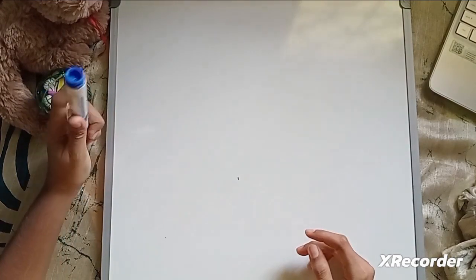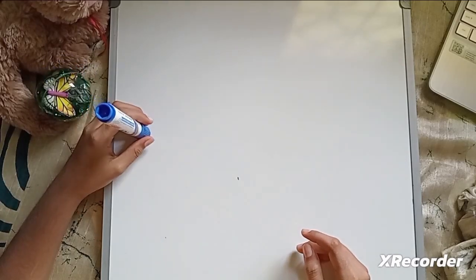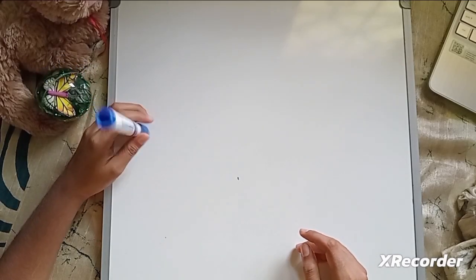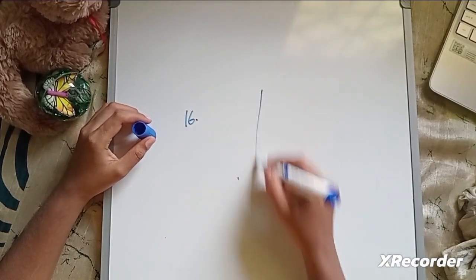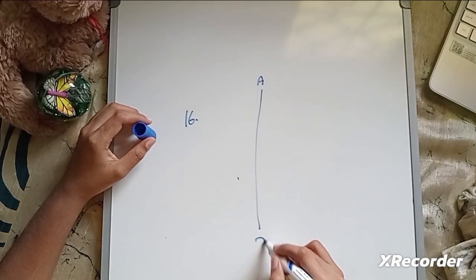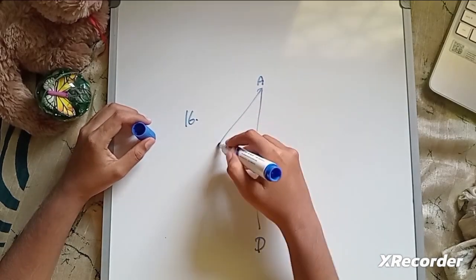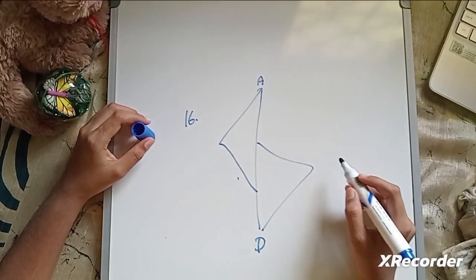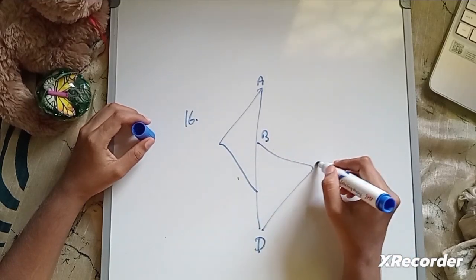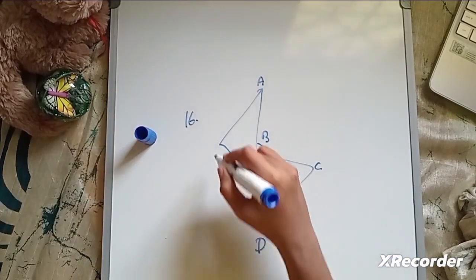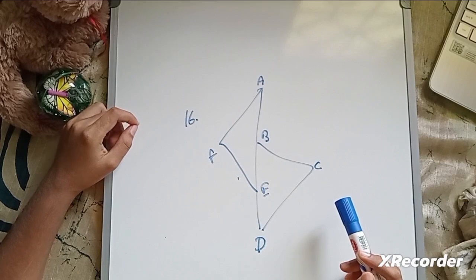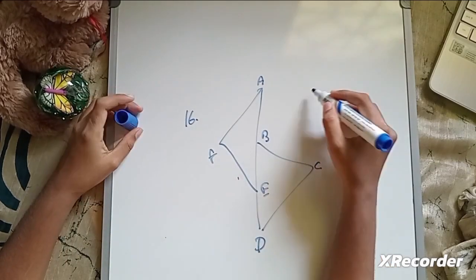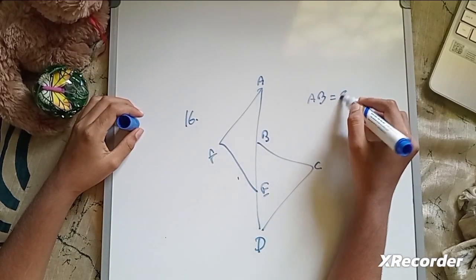Question number 16. In the given figure, the points B and E lie on the straight line AD. We will draw this diagram. This is AD, two triangles on that. This is B, C, D, E, and F. AB equals ED.